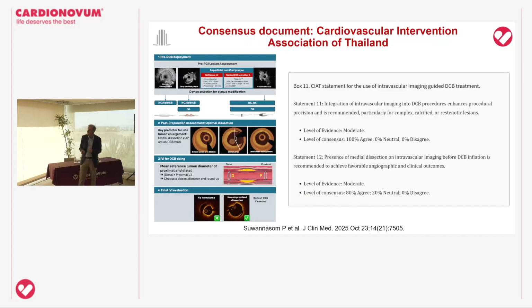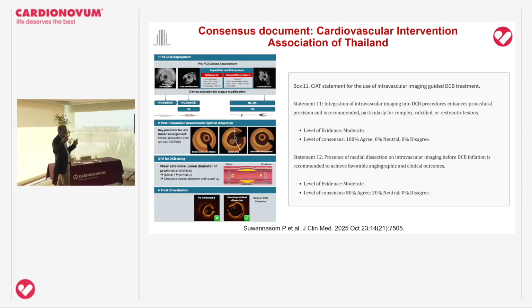And then I found this consensus from Thailand, the Cardiovascular Intervention Association of Thailand, but it also is very interesting. Again, you have the IVUS, the imaging for vessel preparation. Again, post-preparation to see the medial dissection that is desirable. For sizing DCB, take into account not just the distal, but also the mean between distal and proximal segment.